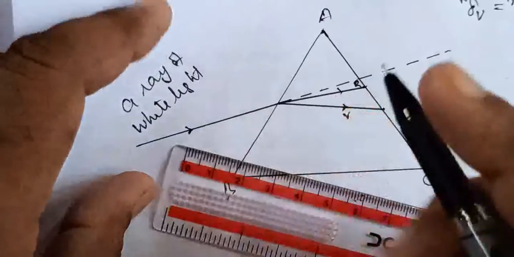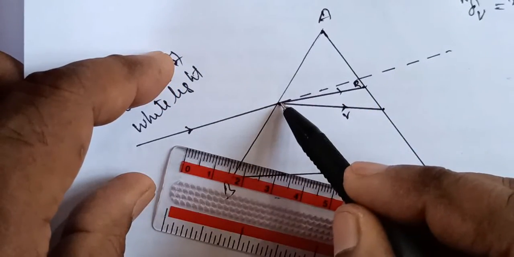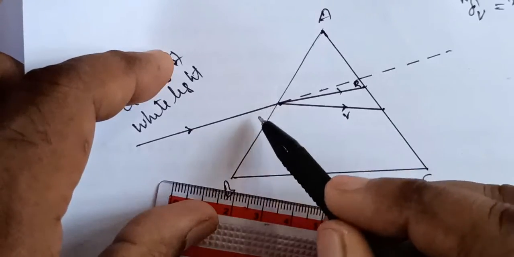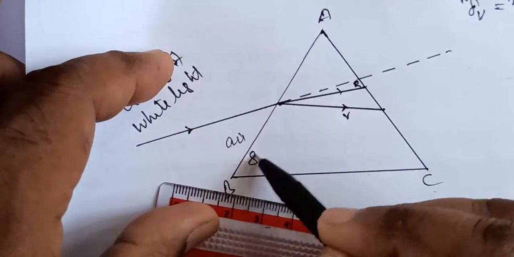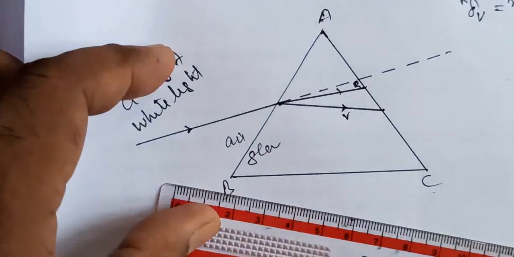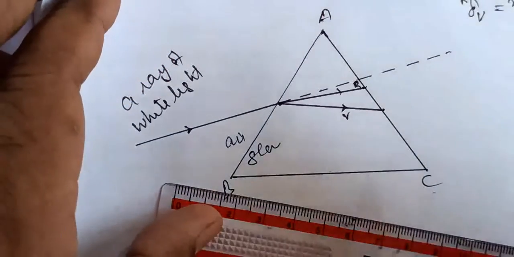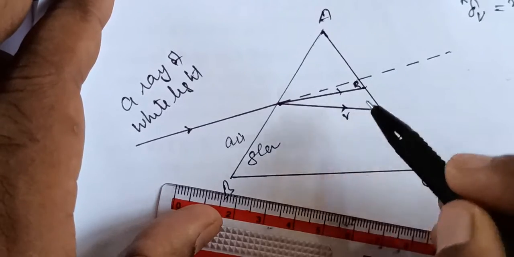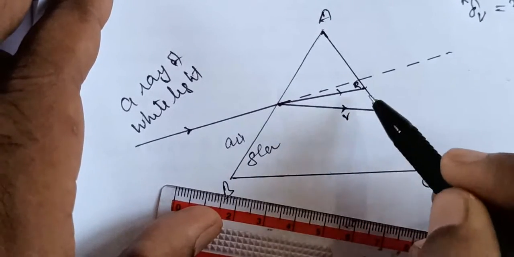Then it strikes, so that means the white light splits up into 7 colors at the first air-glass interface. Maybe you can say, sir, you are showing red and violet only, where are the others? Others are in between.